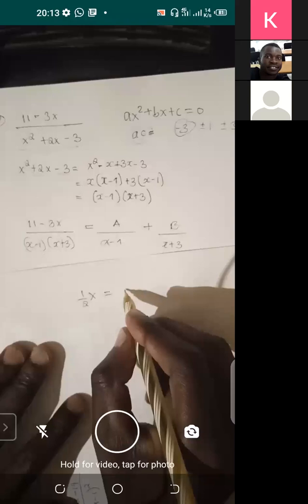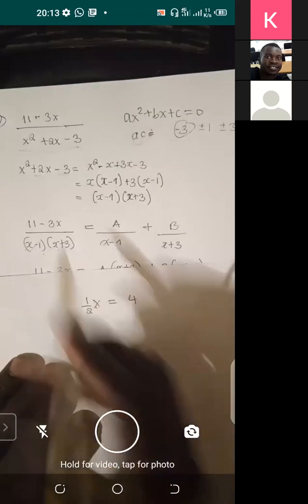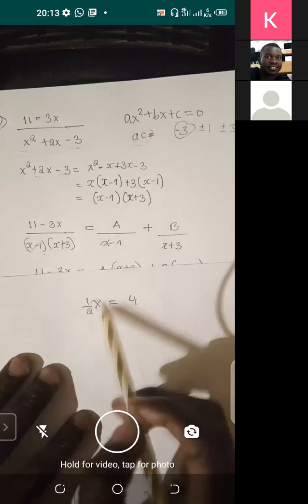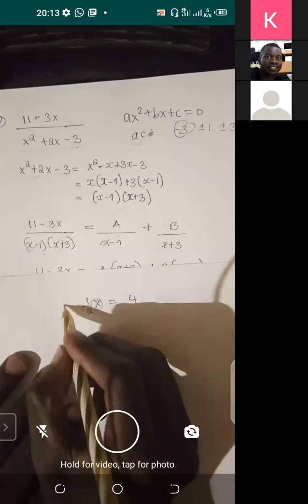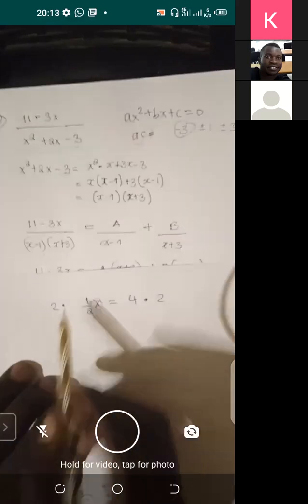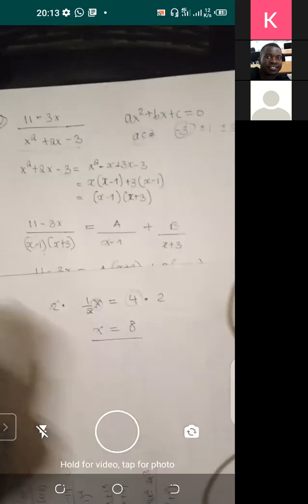I want to remain with the x, so I treat the 2x as the expression. When I multiply this side by 2, I also multiply this side by 2, so I'm balancing. This one and this one go, and you remain with x, and here you remain with 8. So you are solving for x. This is a similar case to what we have here.